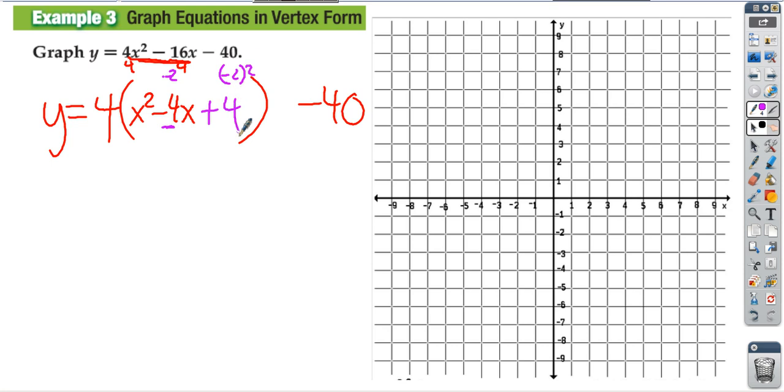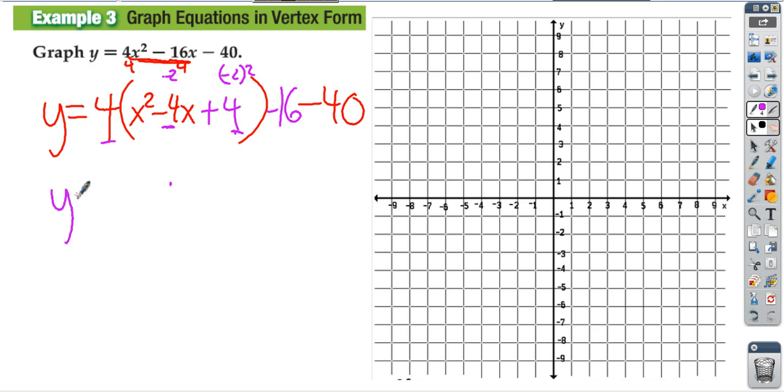And then here's the question, what did we actually just do? We didn't really add 4. We actually added 4 times that 4. So we actually added 16. To balance out, or to cancel out a plus 16, we need to take 16 away. We need to minus 16 right there. And then we're ready to put this in vertex form.